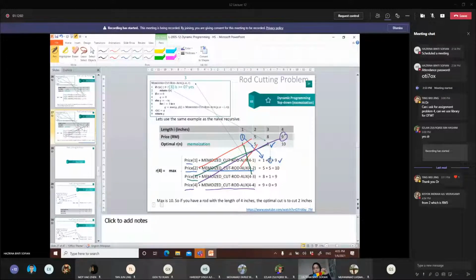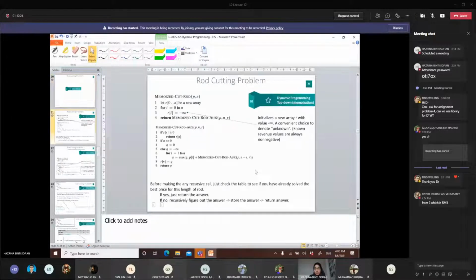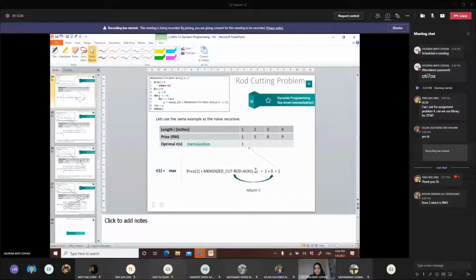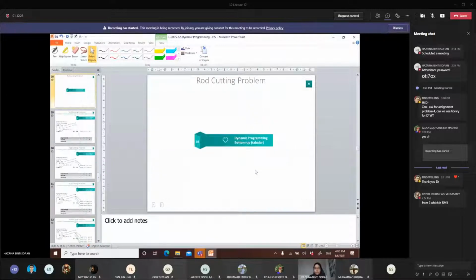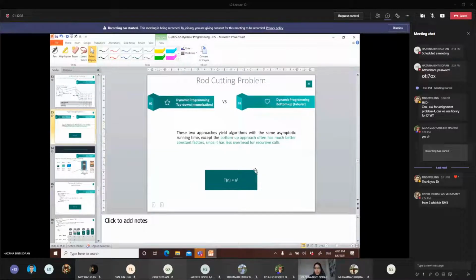The best is 10. 10 is when our first cut is 2 and our second cut is 4 minus 2, which is also 2. So this is how dynamic programming works, and the time complexity to perform this is n square.